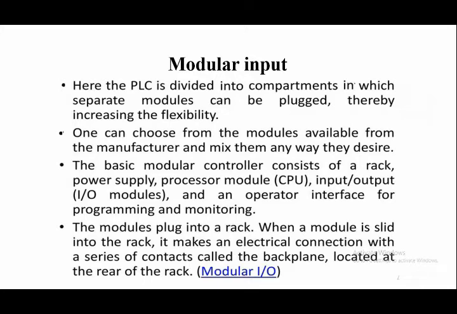The basic modular controller consists of a rack, power supply, processor module, input and output, and an operator interface for programming and monitoring. The modules plug into a rack. When a module is slid into the rack, it makes an electrical connection with a series of contacts called the backplane located at the rear of the rack.